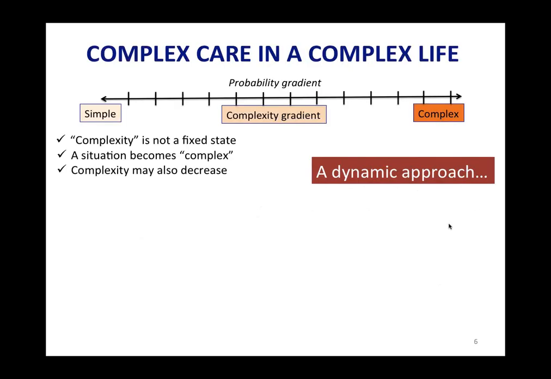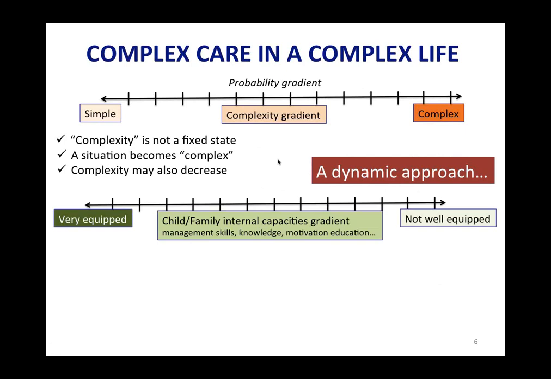So the approach I wish to describe is a dynamic approach. On the top level of this scale is a probability gradient of complexity from very complex to simple, with a repetition that complexity is not fixed and can change in both directions. In the same way, we have a gradient of management skills, knowledge, motivation, or all the aspects that could help handle the complexity well.